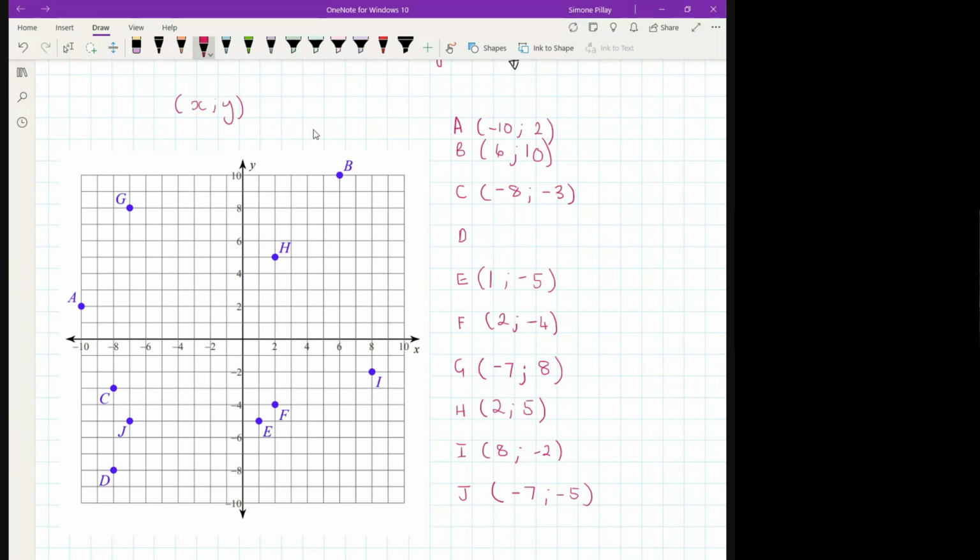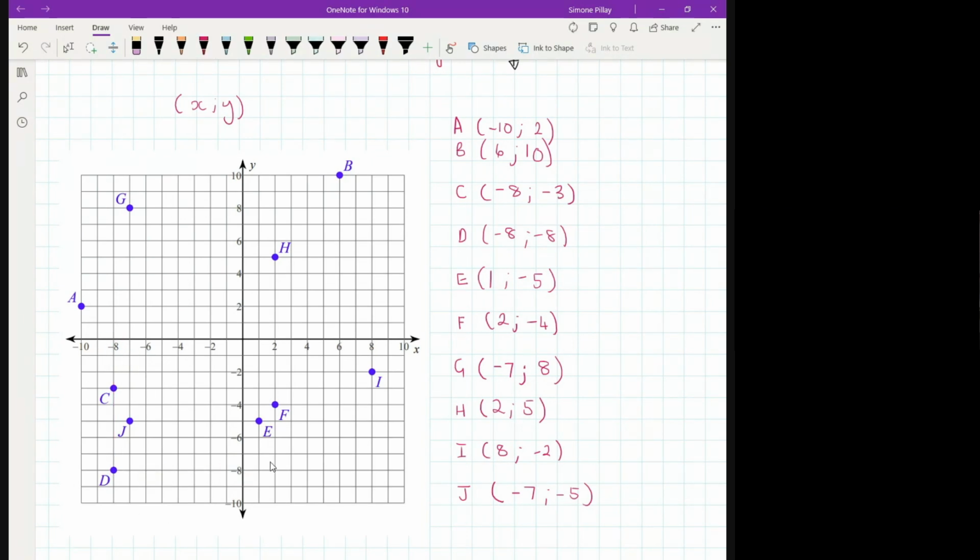So Omar is saying -8 and -8. Let's check. Okay, so I'm going -8 and -8. We have D over here. We first want to do our x value. 100%, my x value takes me up to -8. And if I look for my y value, we are -8 as well. Open brackets, close brackets, semicolon in between.